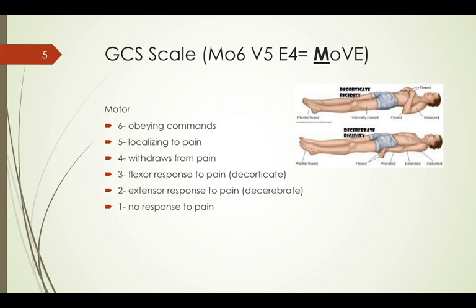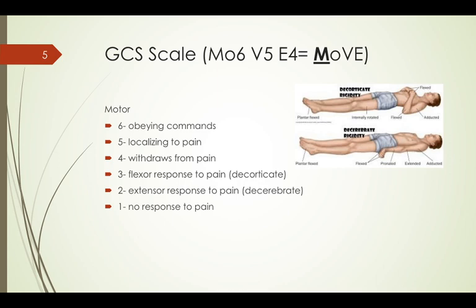Number 3 is the decorticate positioning, so that's the first image here. The arms are flexed onto the chest, the feet are plantar flexed, slightly internally rotated. And then number 2 is decerebrate positioning, which has a worse prognosis compared to decorticate positioning.